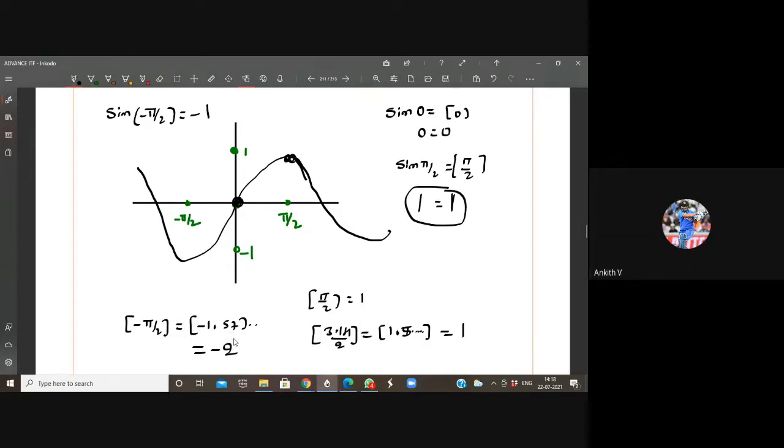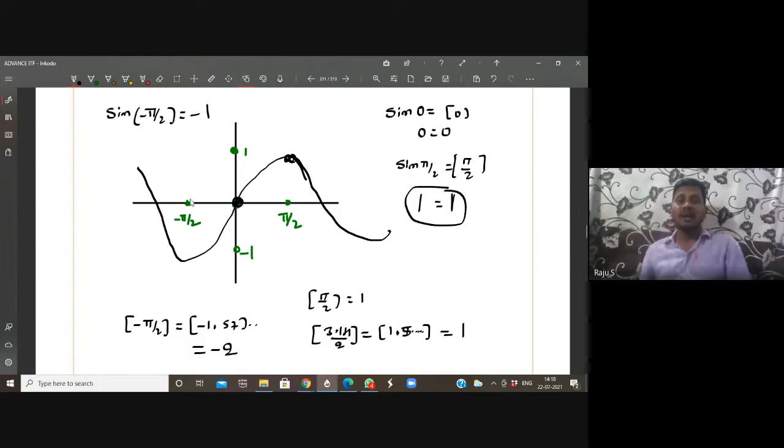Look here: sin maximum is 1 and minimum is minus 1. In between, only 3 integers are possible for sin: minus 1, 0, 1. But the greatest integer ranges from minus infinity to plus infinity, infinite integers.